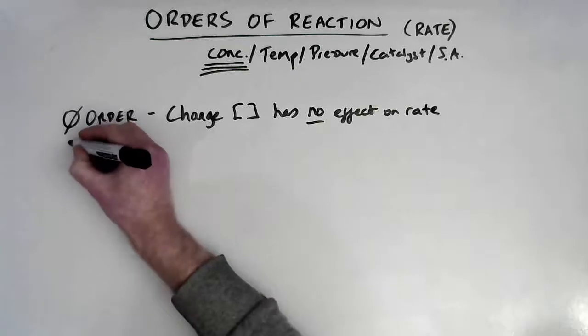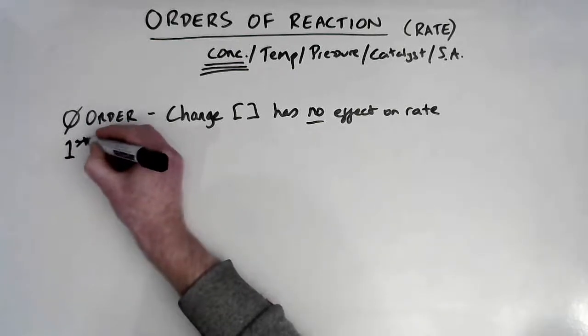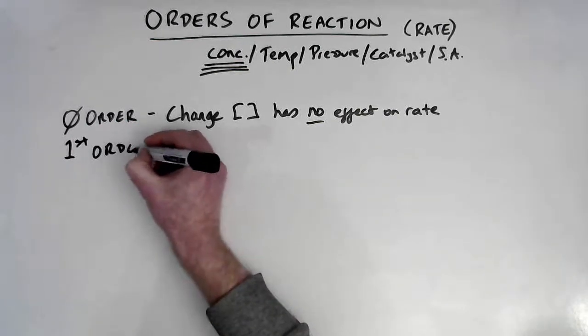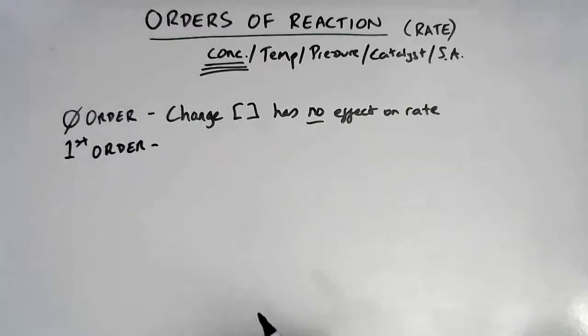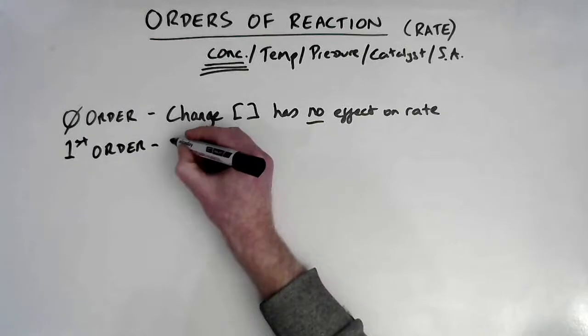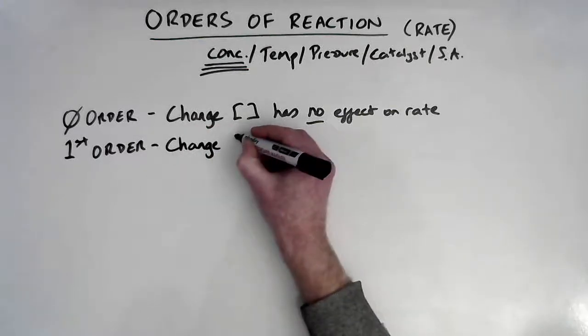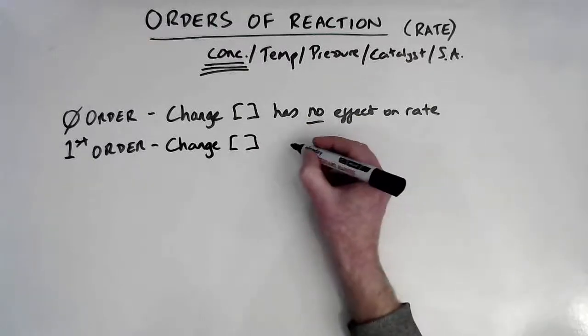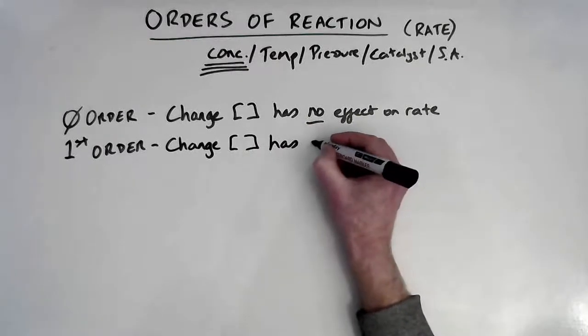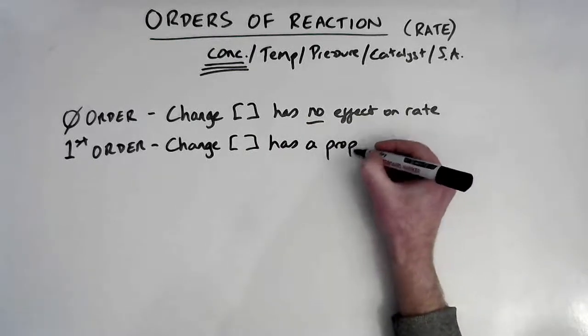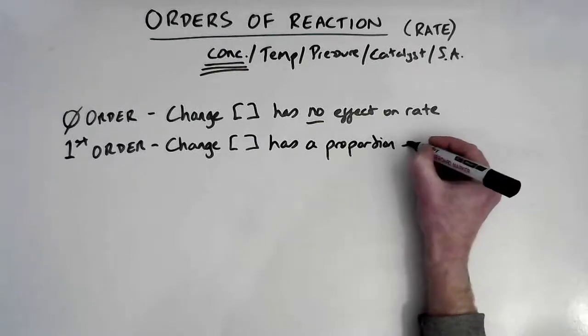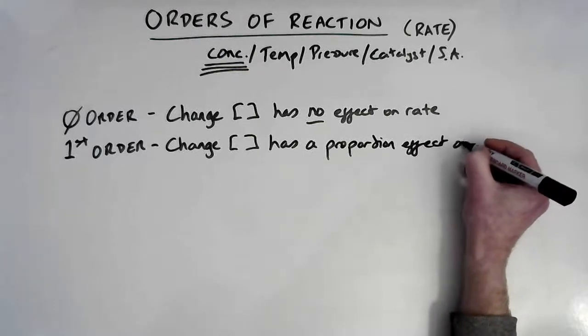The second, as you may have already guessed, is first order. This is where a reactant does have an effect when you change its concentration. The relationship between a change in concentration of something that is first order has a proportional effect on rate.